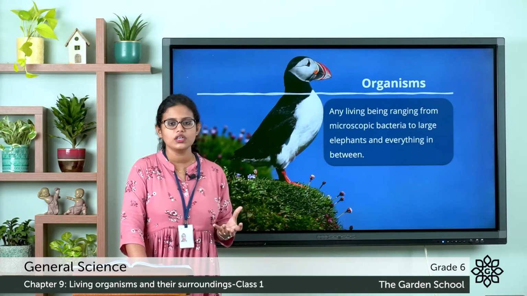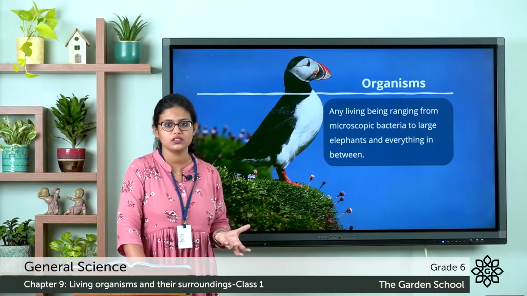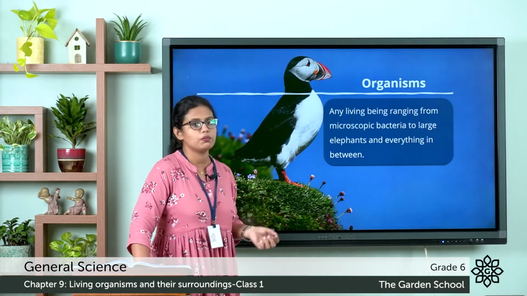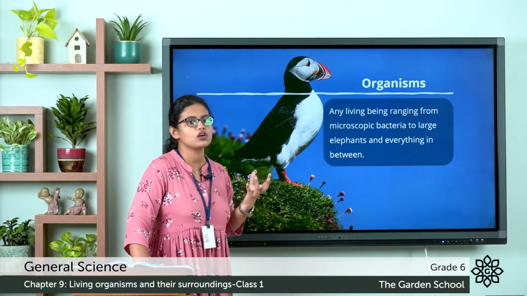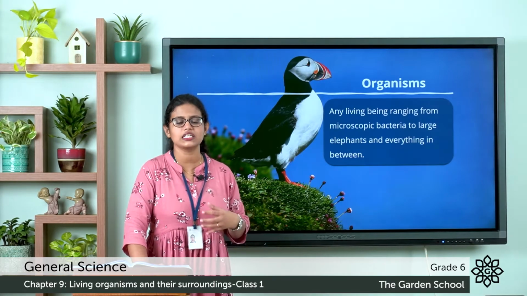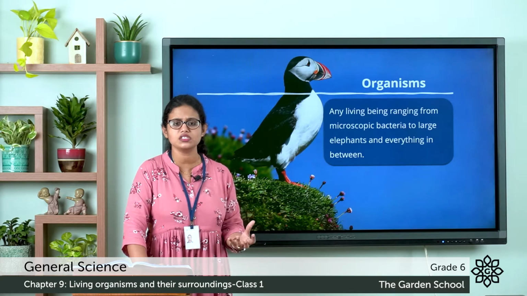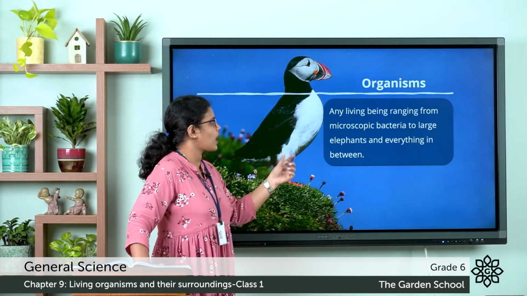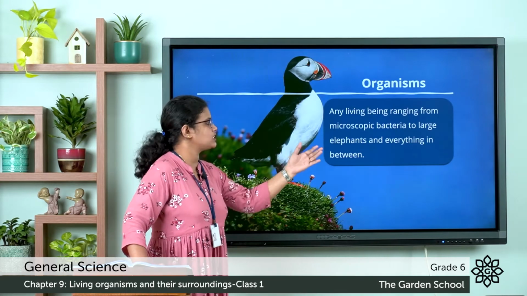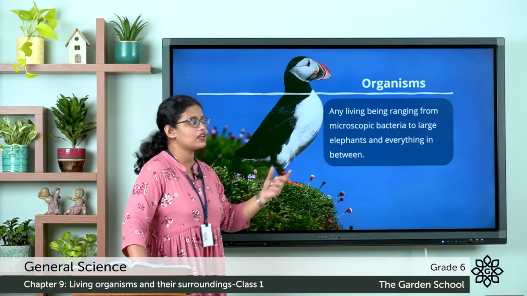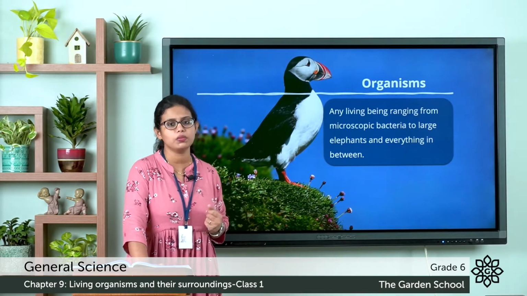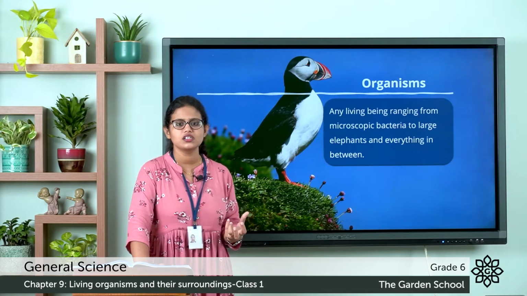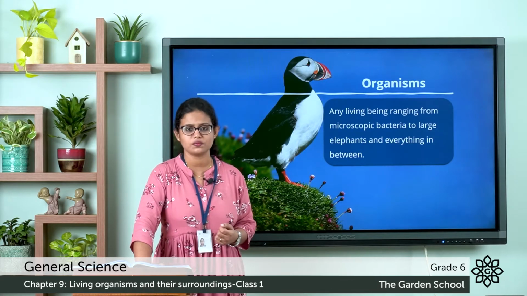The elephant, we know, is the largest land animal, and everything in between. That is called an organism. It can be plants, animals, etc. That is known as organisms.